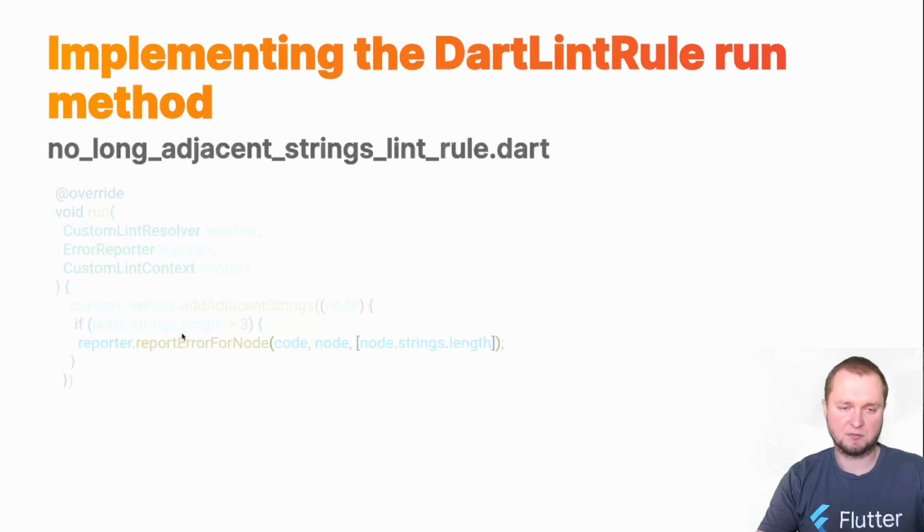In case of the Dart file, there is a report error for node method, to which you can pass the code, which was passed to the superclass constructor, node from this callback, and a list of placeholders here. In this case, it's only a number of strings. And there are similar methods for other constructs in Dart language, classes, variables, constants, and so on.